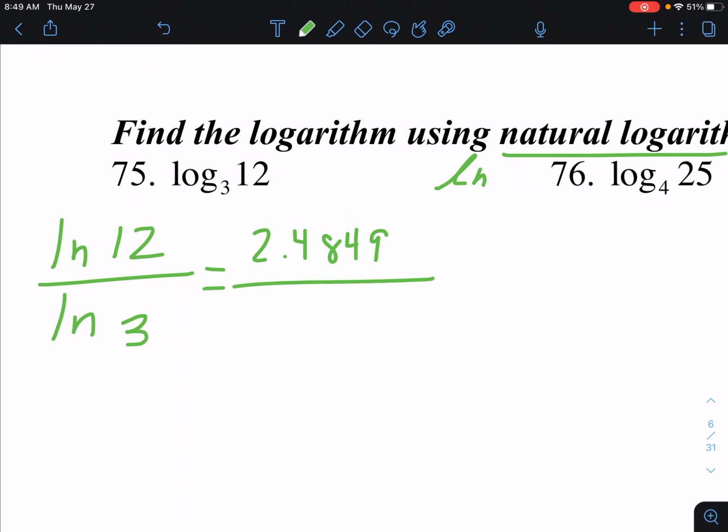And then ln of 3 would be 1.0986. And then divide them. 2.4849 divided by 1.0986, and we have 2.2619. So again, remember this has to do with exponents. So 3 to the power of 2.2619 is approximately 12.